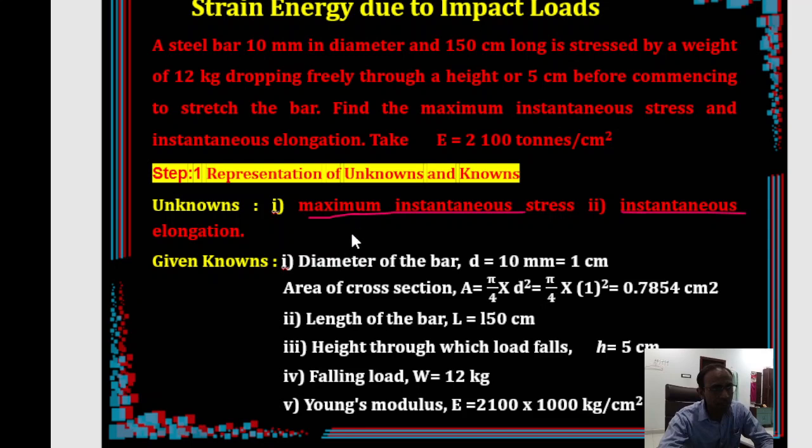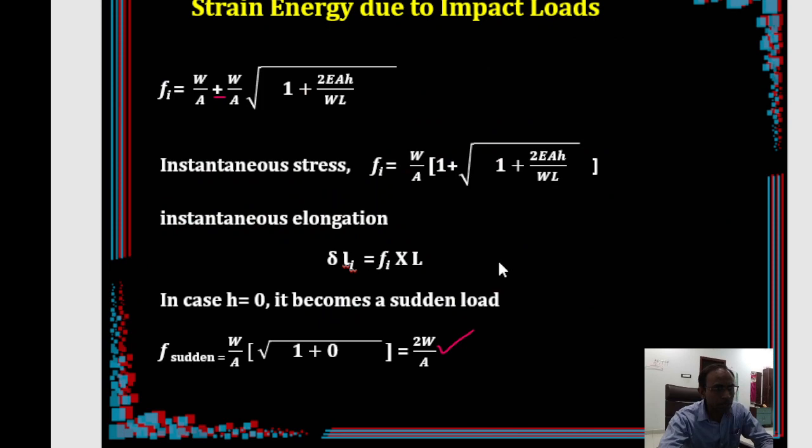Our task is this. The formula we just discussed: Fi or sigma I is equal to W by A times 1 plus root over 1 plus 2AEH by WL.